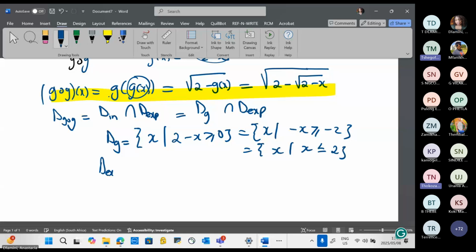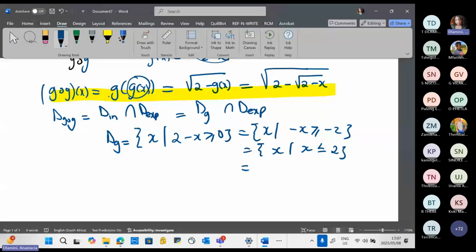Now, give me the domain of the expression. It is 2 minus the square root of 2 minus x greater than or equal to 0. Before we transpose, can we fix the domain of g, so that we can compare if the answers are not the same?